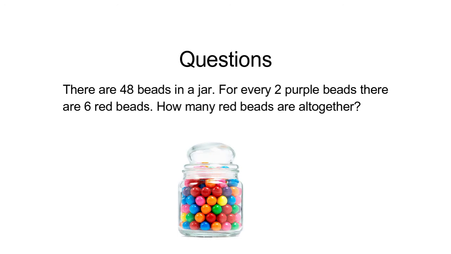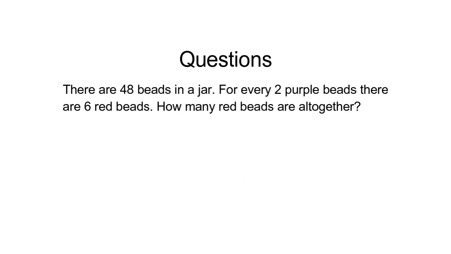Now, let's try out some questions. There are 48 beads in a jar. For every 2 purple beads, there are 6 red beads. How many red beads are there altogether? So, to find the answer, first we'll add the ratio of purple to red beads. That is, 2 plus 6 together makes 8.